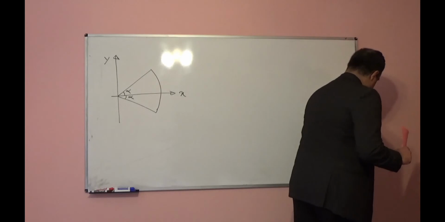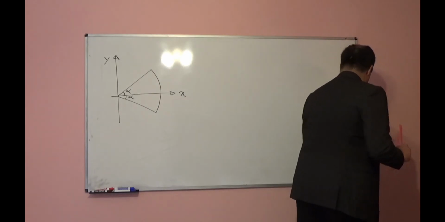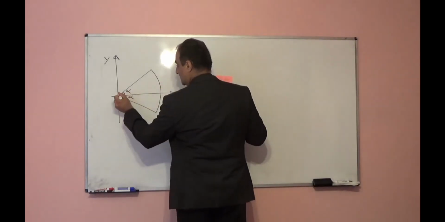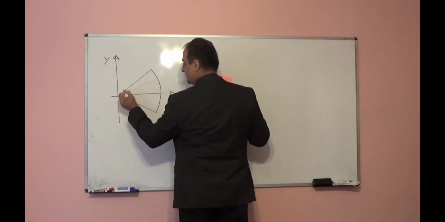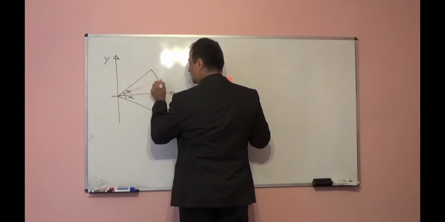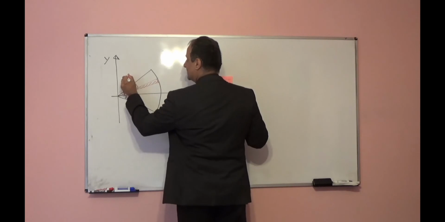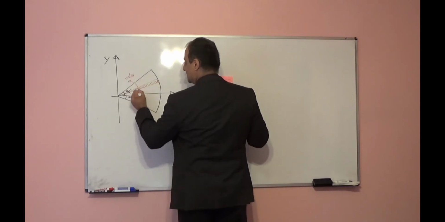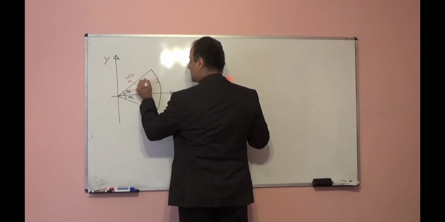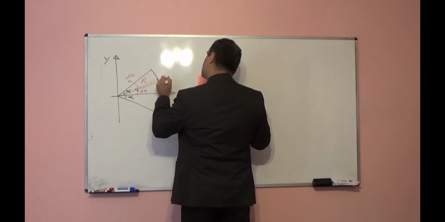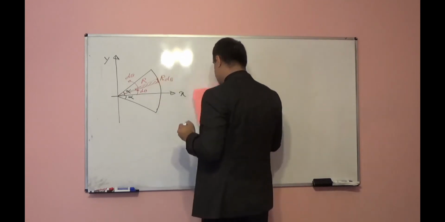Again, I will assume this element in the theta direction, the angle direction. So I will assume one small element like this. This angle is d theta, and this is theta. This radius is r, so the length of this arc will be r times d theta.